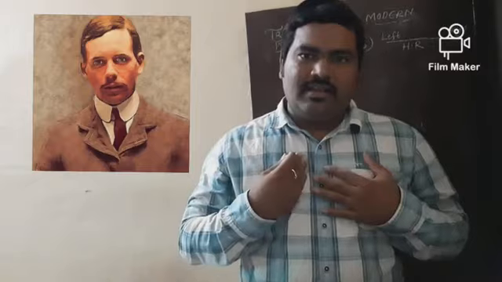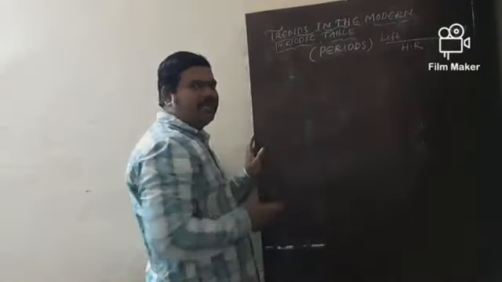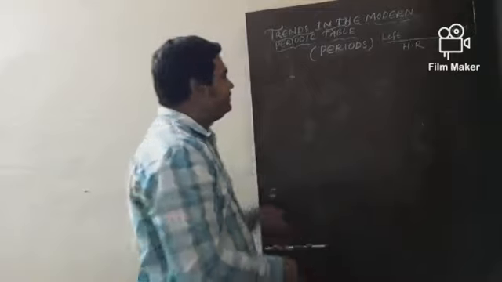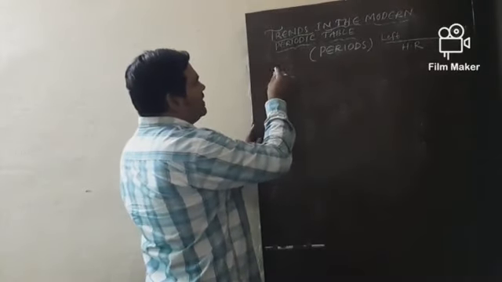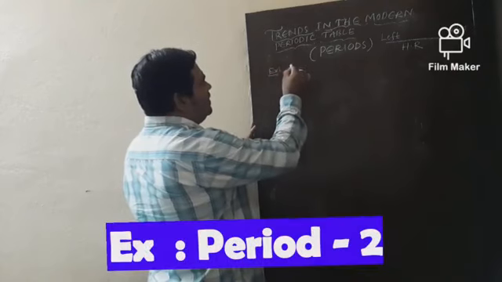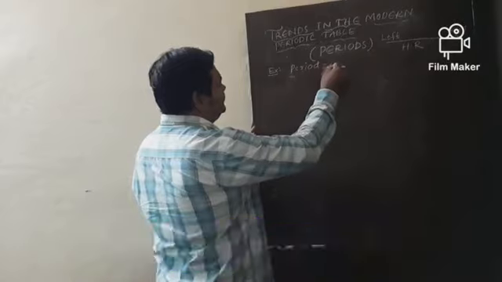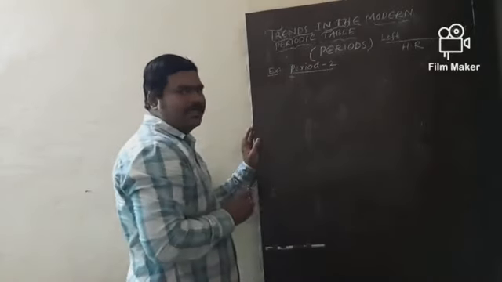Out of these 7 periods, let me take one example. According to me, let me select period number 2, because the first period contains only 2 elements. That's why I don't prefer that one. Let me prefer period number 2. So, I am taking the example, a beautiful example for a period: period number 2 from the modern periodic table.